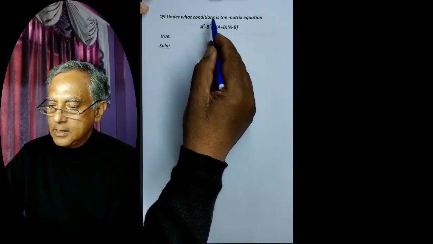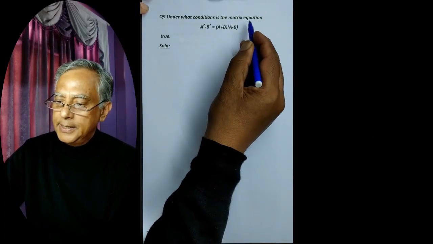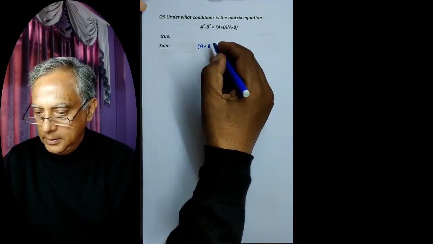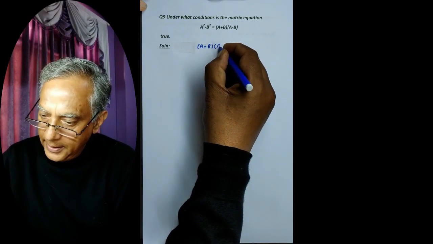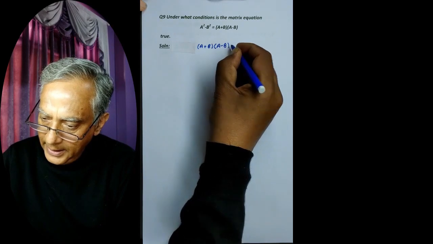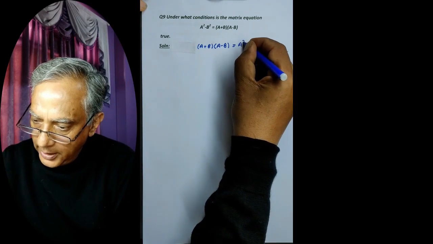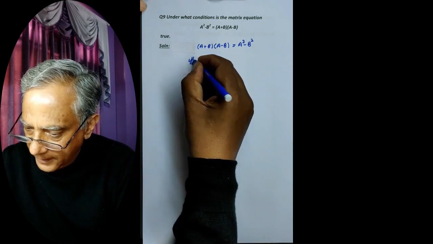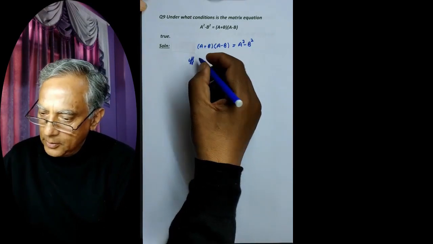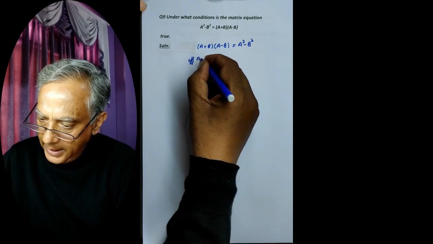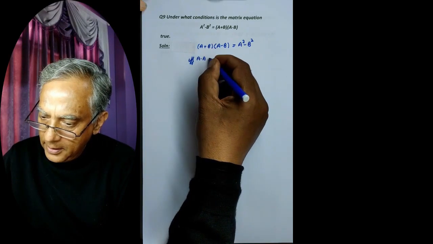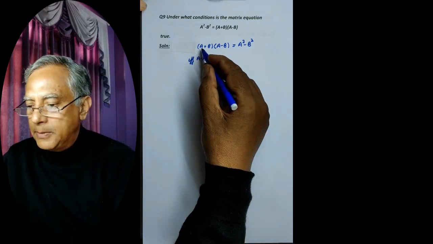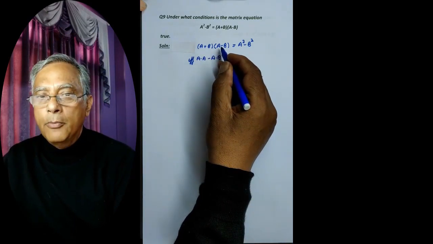Now next is, under what conditions is the matrix equation this true? Now A plus B into A minus B is equal to A square minus B square if and only if, open this bracket, this will be A into A minus A into B. Matrix multiplication is not commutative.